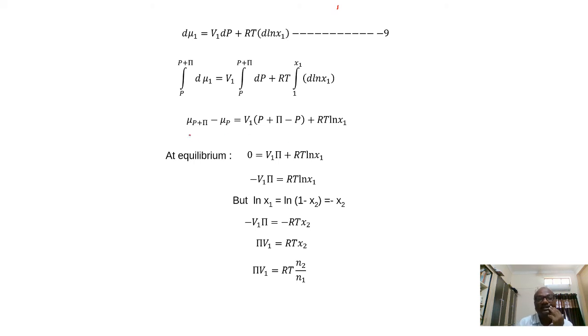So this is the change in chemical potential. But at equilibrium what happened? The chemical potentials at P plus π and at P become equal, that's why this term becomes 0. So 0 is equal to V1 times (P plus π minus P), where P and P cancel, so the remaining part is V1π plus RT ln x1. Or we can write minus V1π is equal to RT ln x1. We are just shifting V1π to the left-hand side.